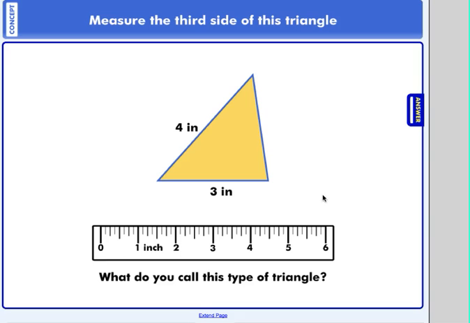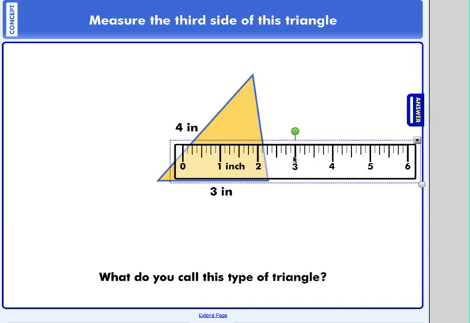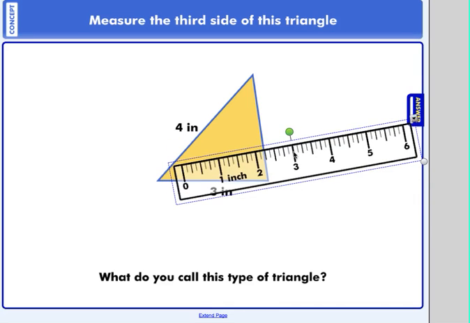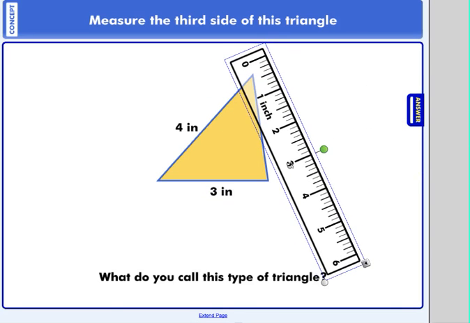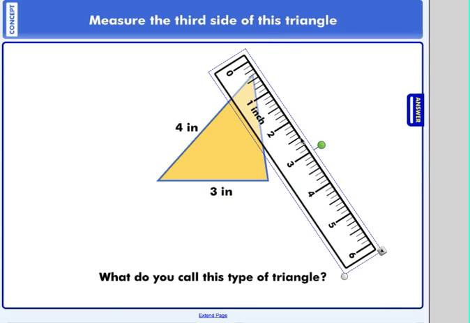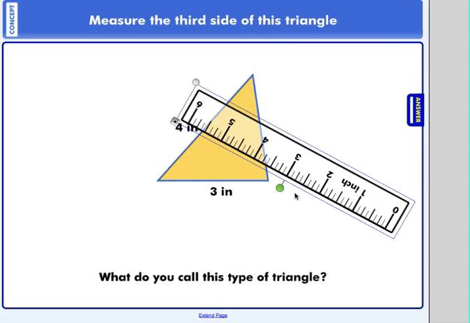Let's measure the third side of this triangle. Whoa. It's going crazy on me.